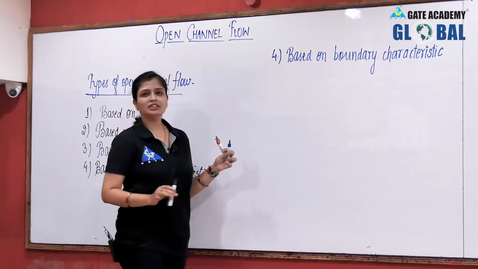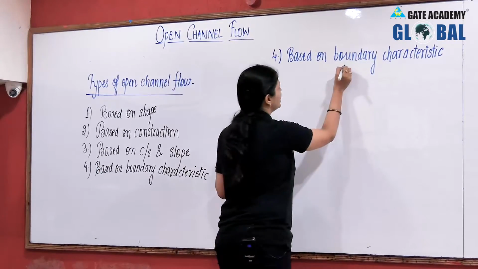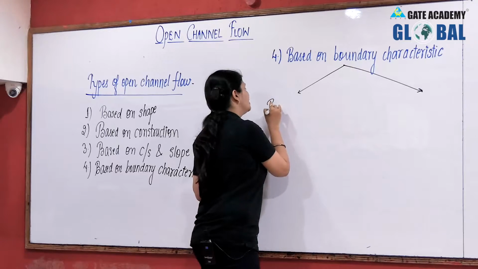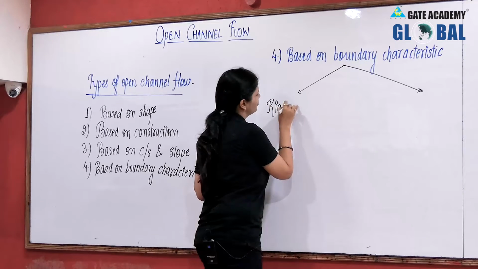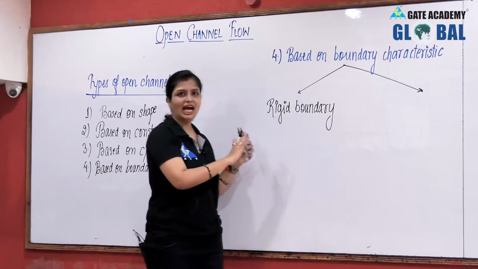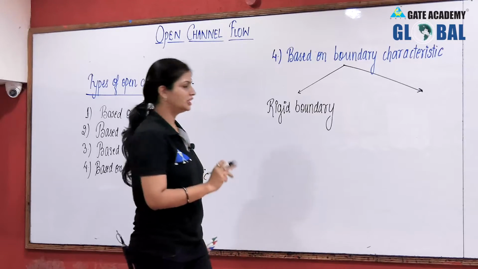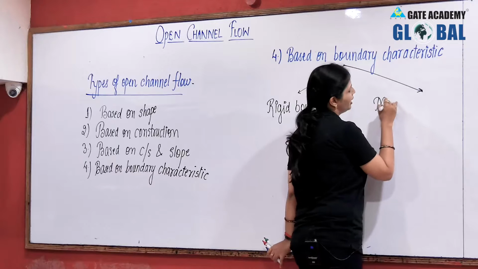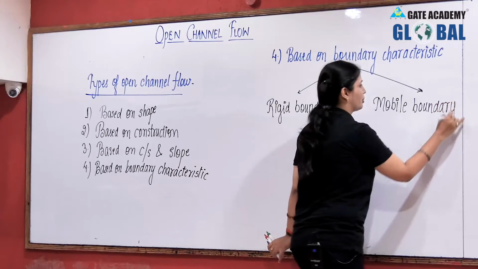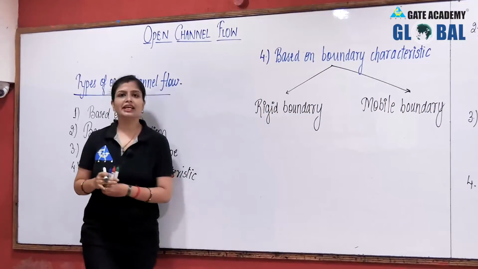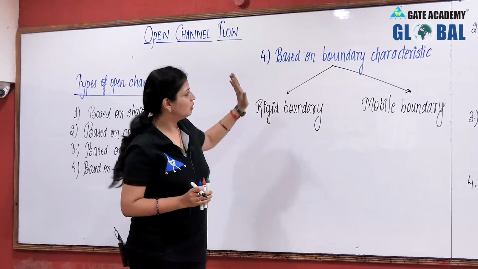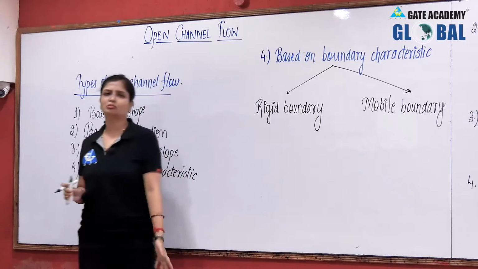On the basis of this, it can be in two parts: one is rigid boundary open channel flow and the other one is mobile boundary open channel flow, because the opposite of rigid is mobile. Now, just by looking at the names, could you tell me the difference between rigid boundary open channel flow and mobile boundary open channel flow? Come on, this is very simple. You can tell me.